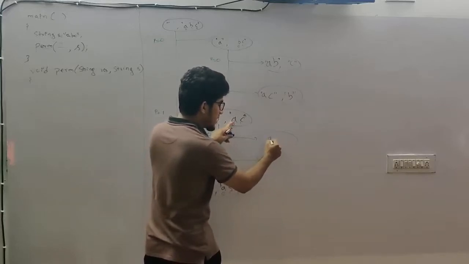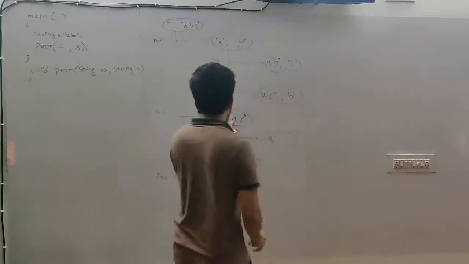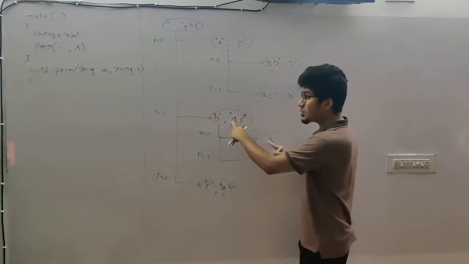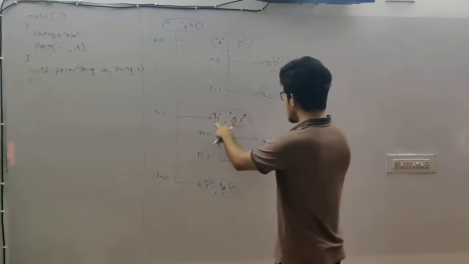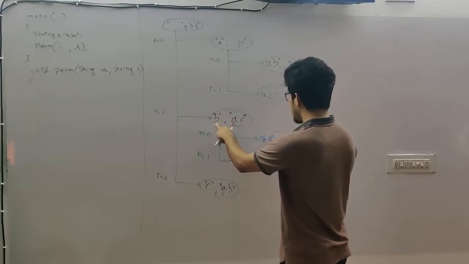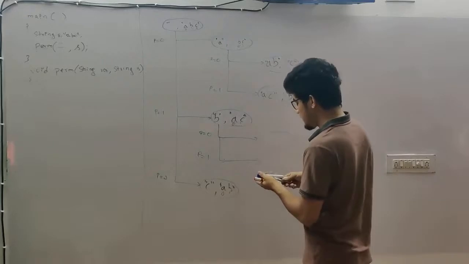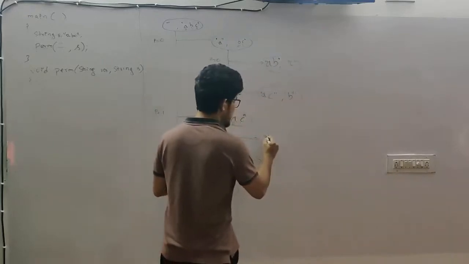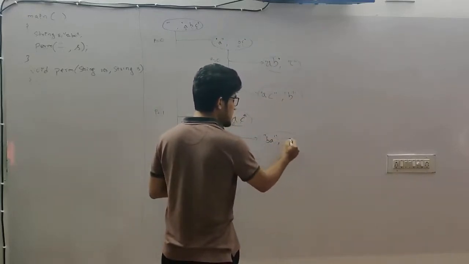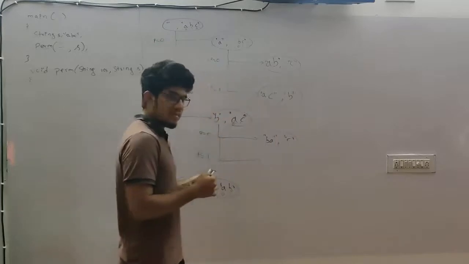The 0th character A. But this A should be added to the previous result, so it is BA. If you write BA, what else is remaining? Yes. If I write here BA, what else is remaining? C is remaining.